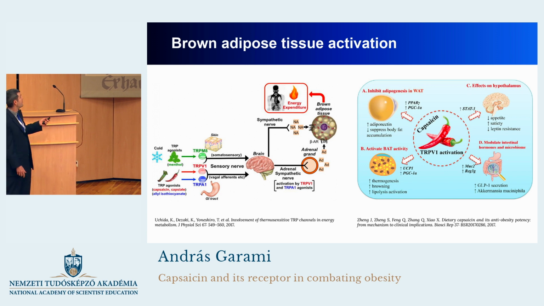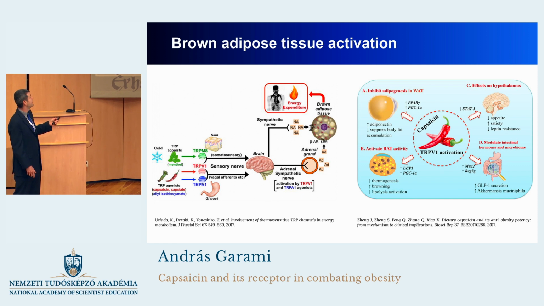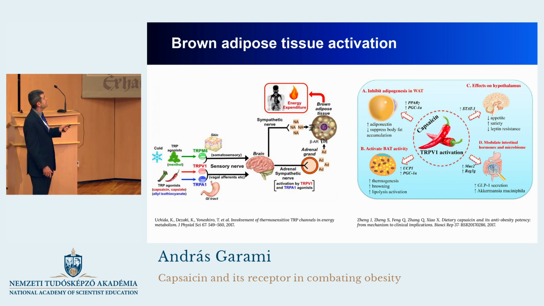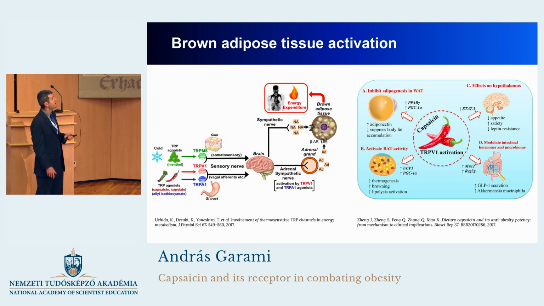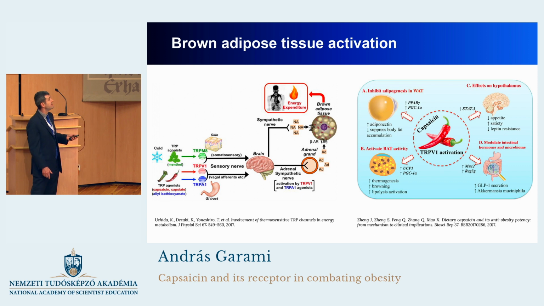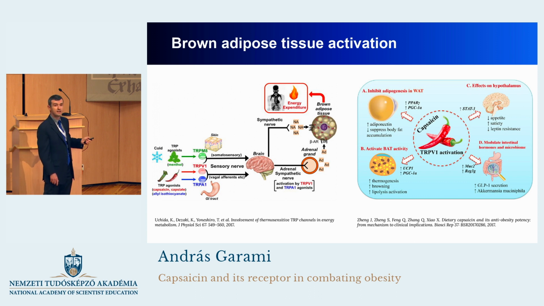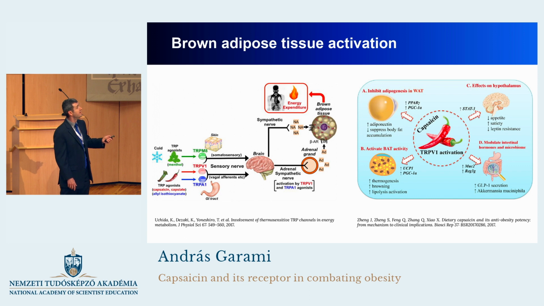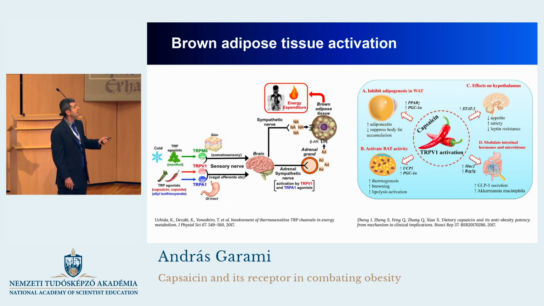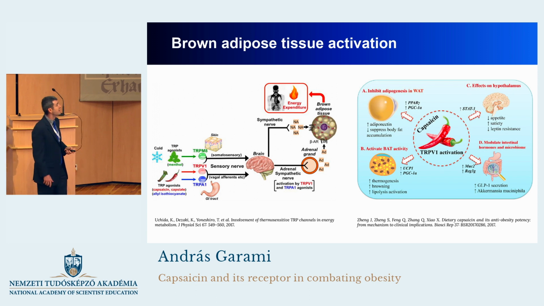And of utmost importance, not only menthol, but capsaicin can also result in the activation of the same pathway and brown fat activation. So therefore, again, based mostly on animal experiments, it was shown that capsaicin can activate brown fat, while at the same time it can inhibit the accumulation of white adipose tissue, thereby prevent obesity in part by a decreased energy intake and also via some changes in microbiome.